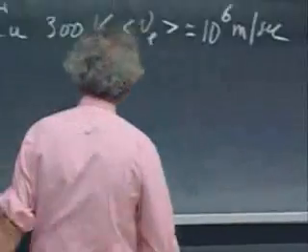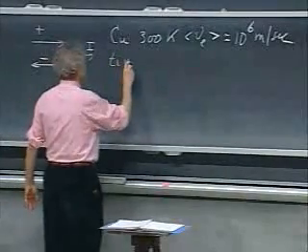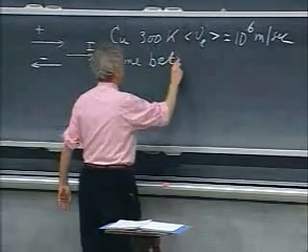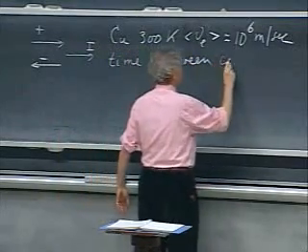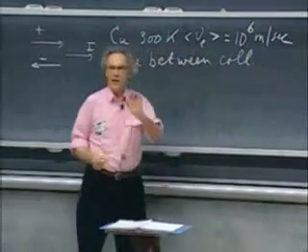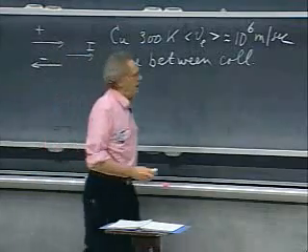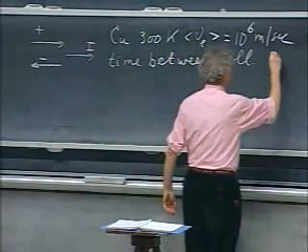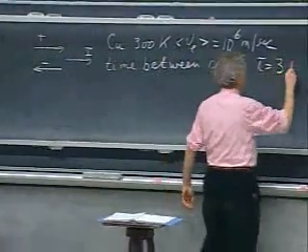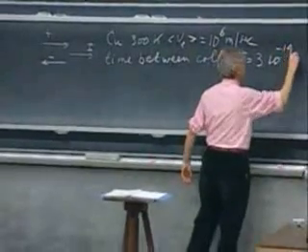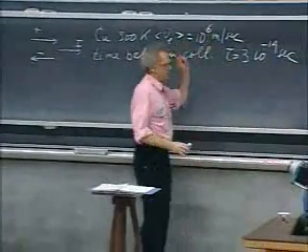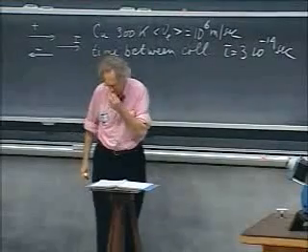The time between collisions of the free electron with the atoms, I call it tau, is about 3 × 10^-14 seconds. No surprise, because the speed is enormously high.